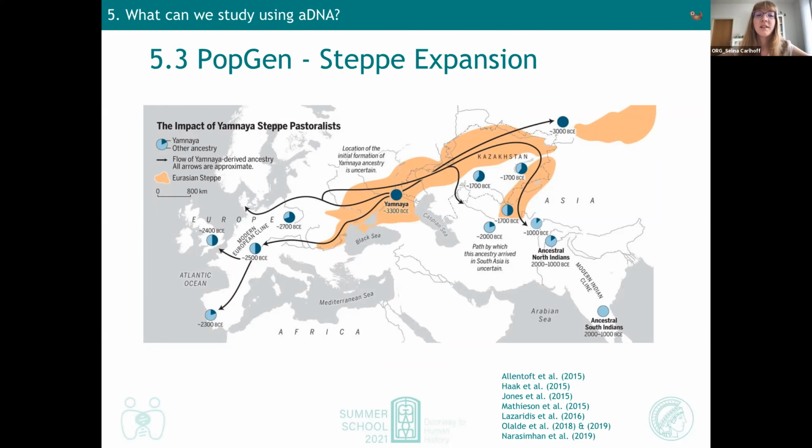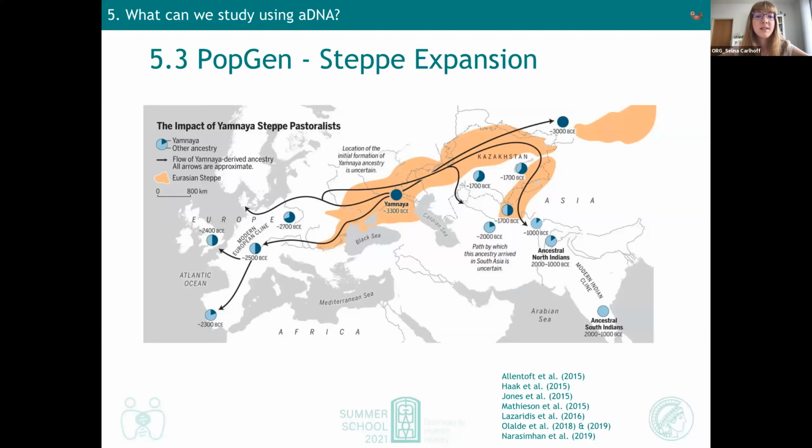However, the steppe expansion did not only happen towards Western Eurasia. Later studies also showed steppe influence in Eastern Eurasia, or Central Eurasia rather, even all the way to North India. So there seems to have been a contemporaneous expansion into the West and the East from the Central Eurasian steppe.